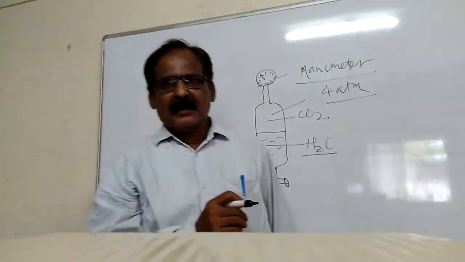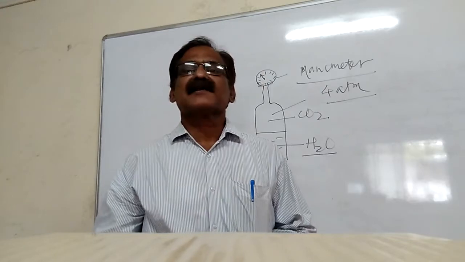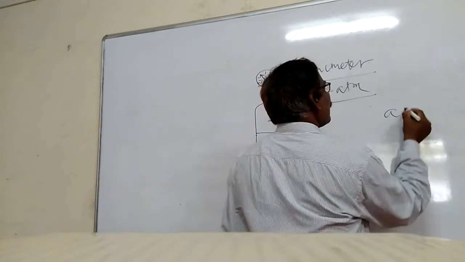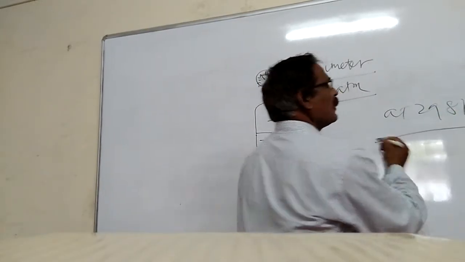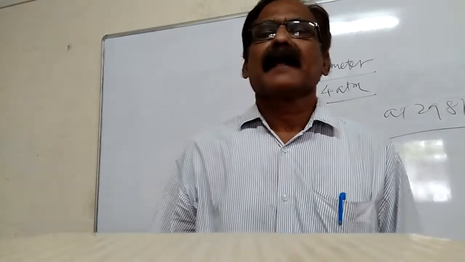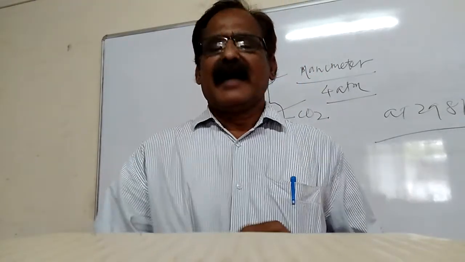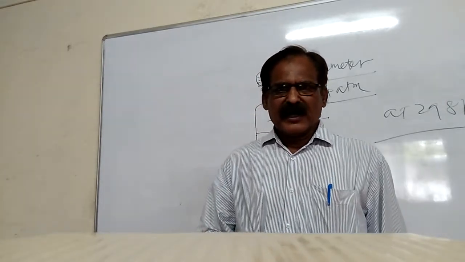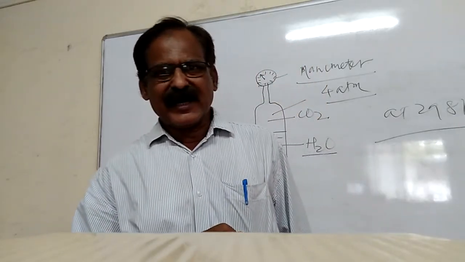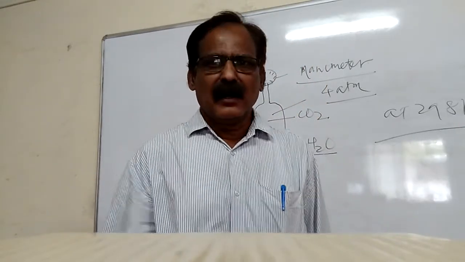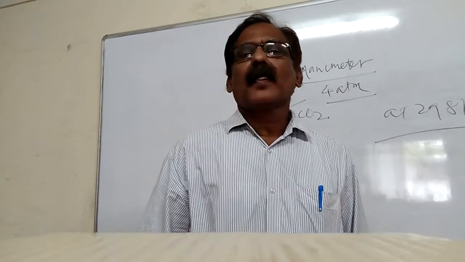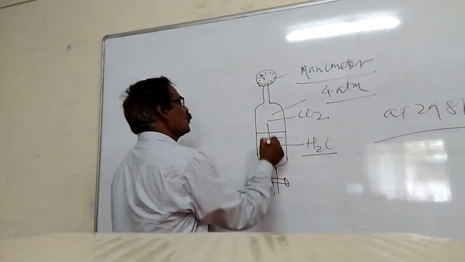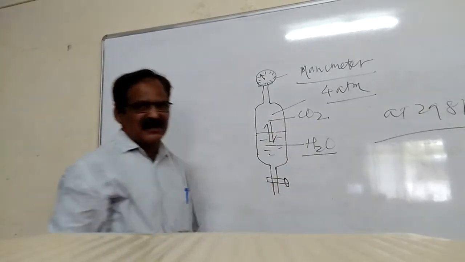We will find that when we keep this assembly, that is the Hempel pipette containing CO2 gas and distilled water, in a thermostat at constant temperature like 298 Kelvin for sufficient time, let us suppose half an hour, CO2 distributes between CO2 gas and H2O, and equilibrium is established.